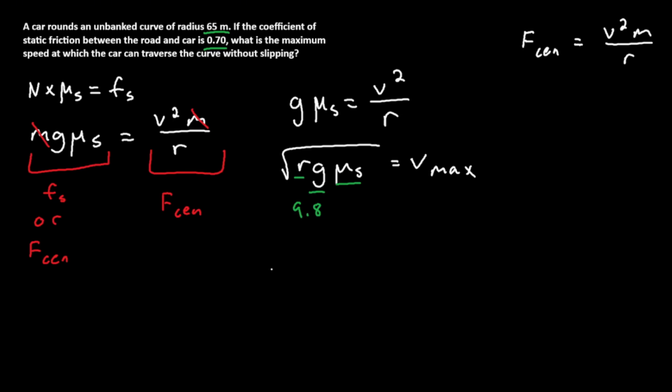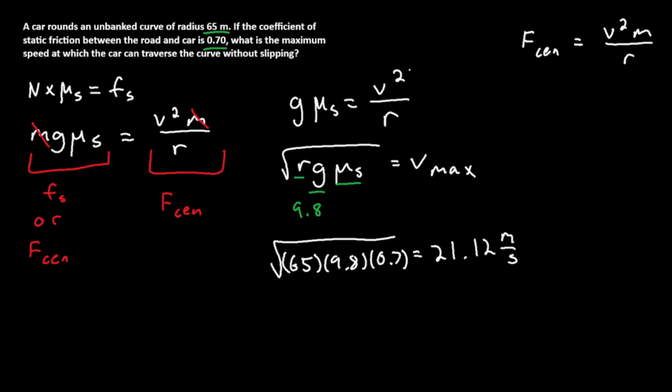So your max velocity would be the square root of 65 times 9.8 times 0.7. Multiply all this together and take the square root of that, and you get 21.12 meters per second as your maximum velocity.